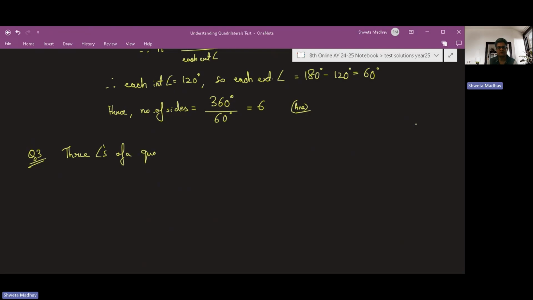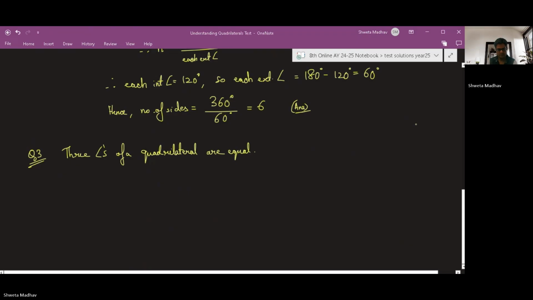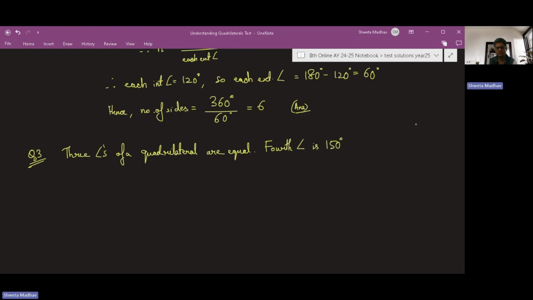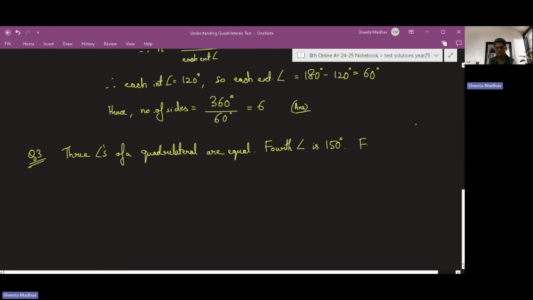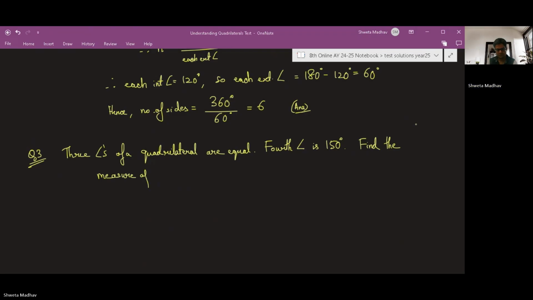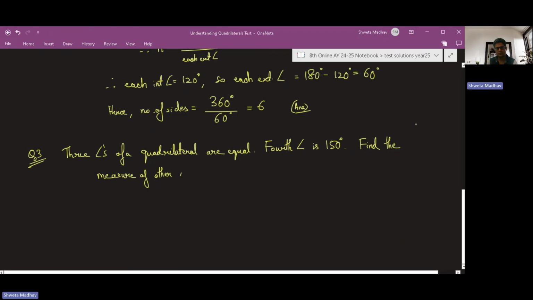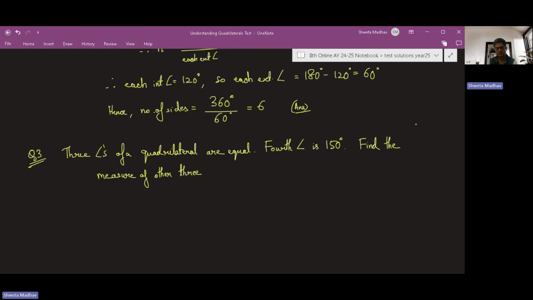The fourth angle is 150 degrees. Find the measure of the other 3 angles.